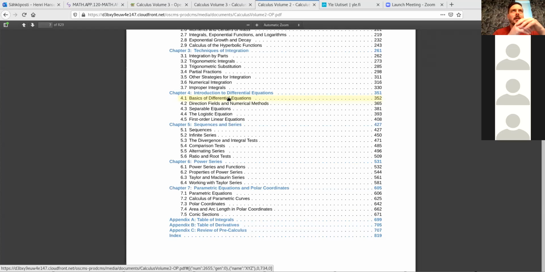So for instance, we might have y, which is a function of x, and then we might have something like y prime plus y equals x squared, or something like this.